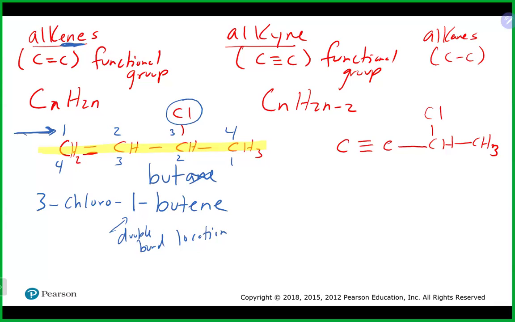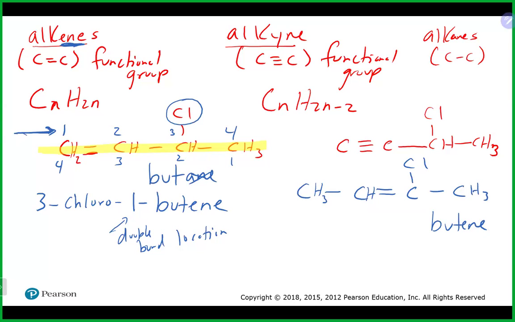The reason you have to do that is if I drew this, now when I look at it, it still has 4 carbons and a double bond, which means this is still butene.